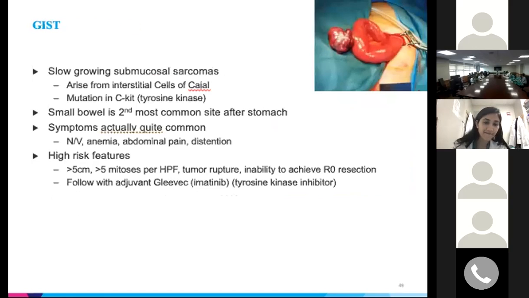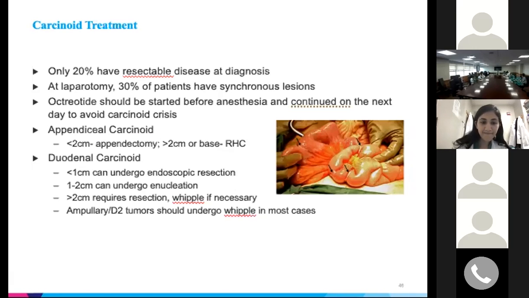Let me just add, Shruti, just to be very specific. Appendiceal carcinoid, you're absolutely right. Those are the parameters. This comes out in the ABSITE every year, but you have to be very careful that even if it's less than 2 centimeters, some unfavorable characteristics, such as serosal invasion as well as mesoappendiceal invasion, warrant a completion right hemicolectomy.